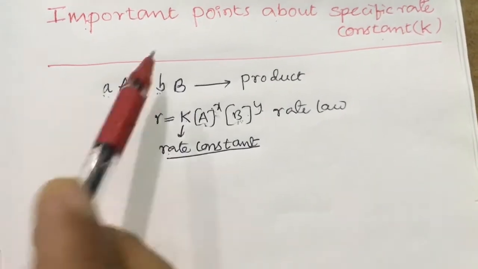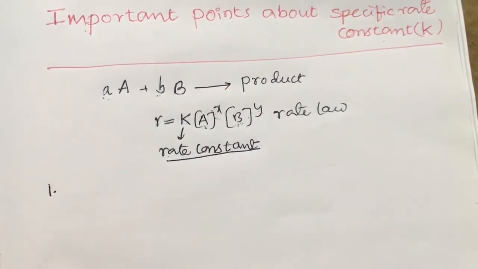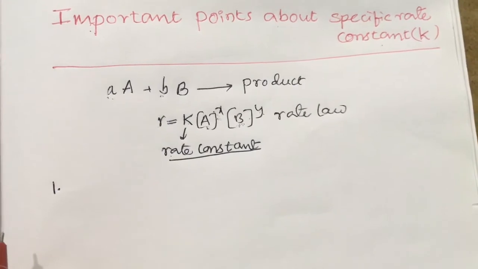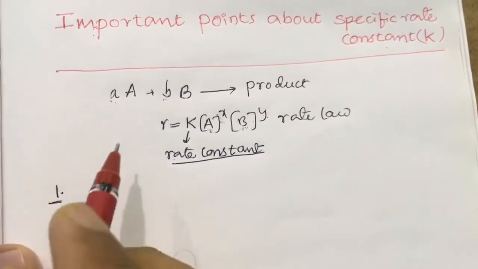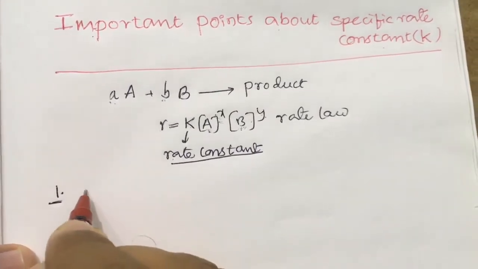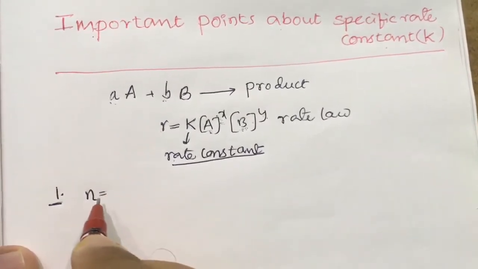Then what are the important points of this specific rate constant? Now we will discuss. The first point: to determine the order, it is experimentally determined. Order is generally denoted with the small n.